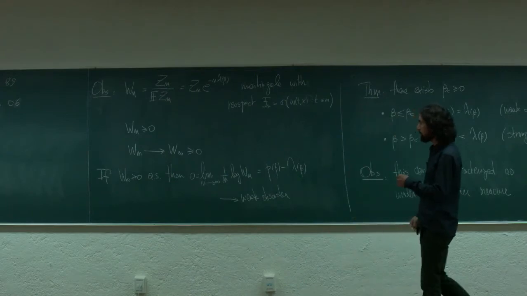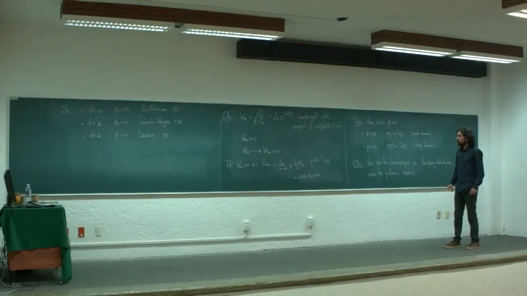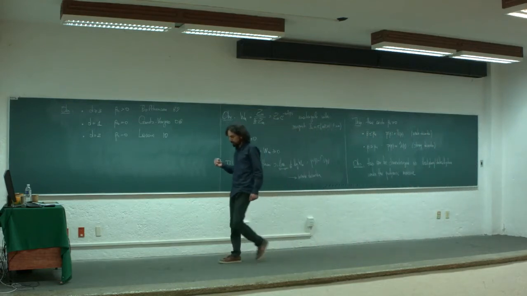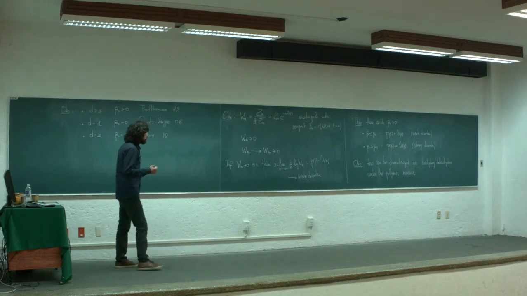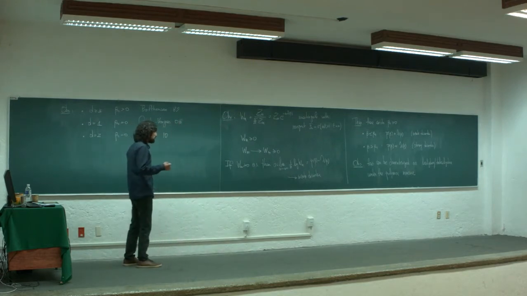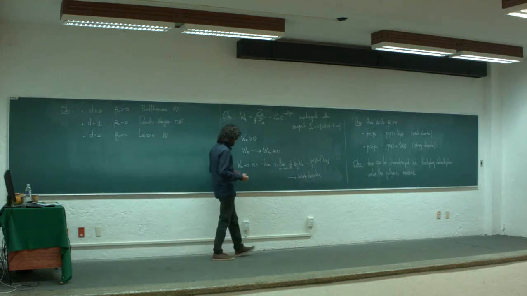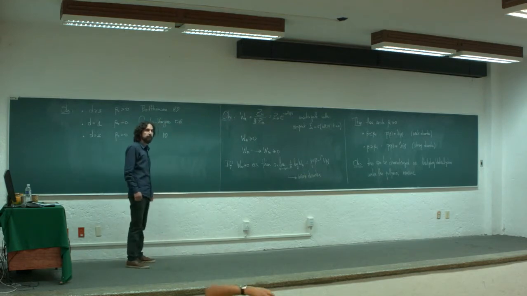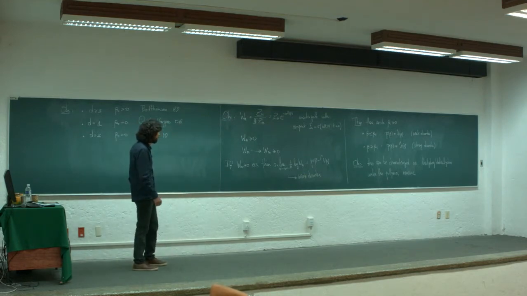Okay? So this is something we will see in a few minutes. So W infinity turns out to be a tail random variable, or let's say the event that W infinity is bigger than 0 is a tail event, so it has a probability 0 or 1.